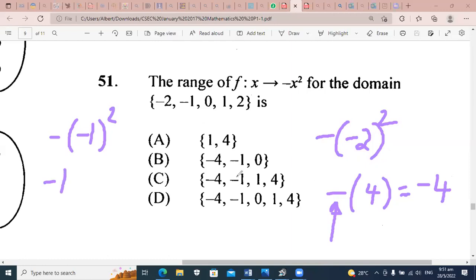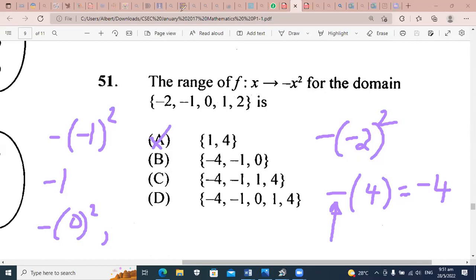So the second number is what? -1. And then we input what? 0. If you input 0, I get 0, because you have negative and then 0 square. Then you put in 1.